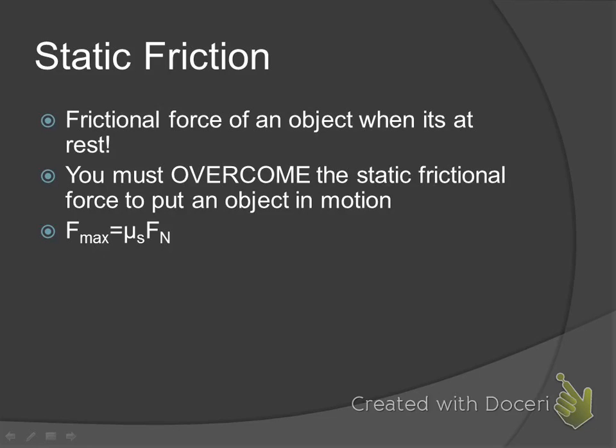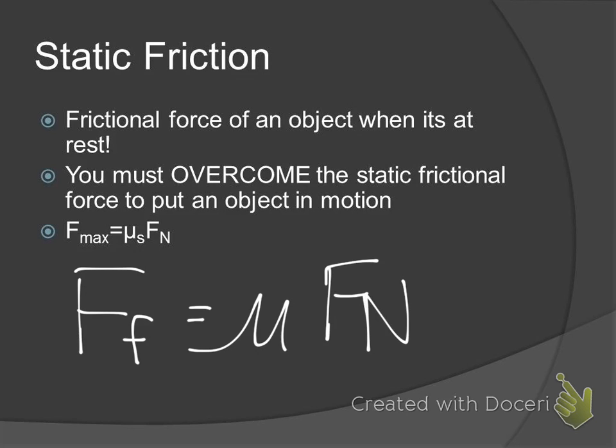The equation overall doesn't change, but we think of the maximum frictional force as being when something is at rest, right? You have to overcome that frictional force. So your book labels it F max. I'll still call it just F sub F for regular friction. Nothing changes here with our overall equation, but this mu sub S means static coefficient, whereas mu sub K means kinetic coefficient.